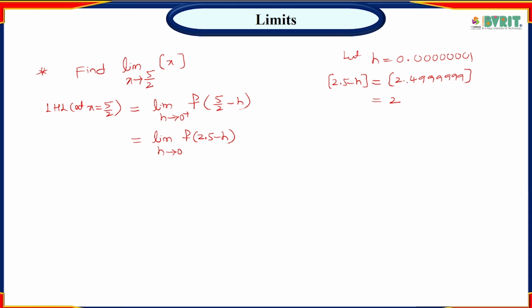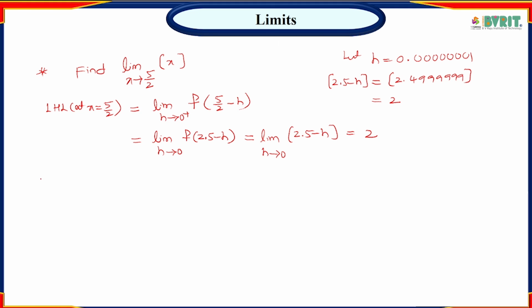So the left hand limit at x is equal to 5 by 2 is 2. That is, the limit h tends to 0 of the greater integer of 2.5 minus h is equal to 2.